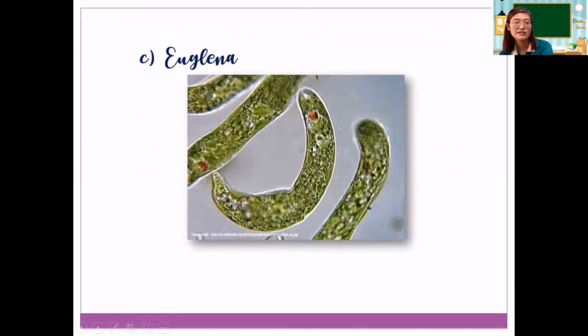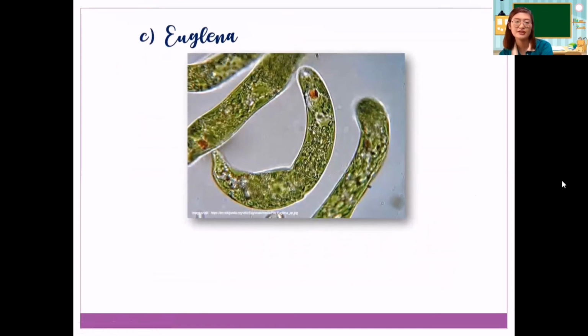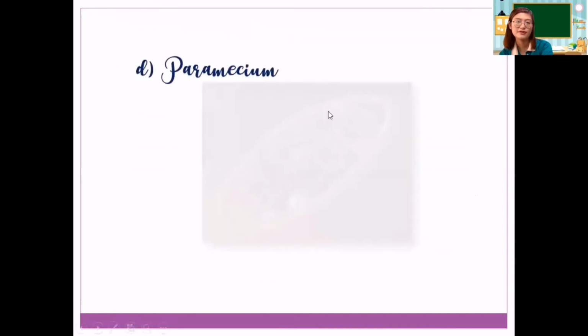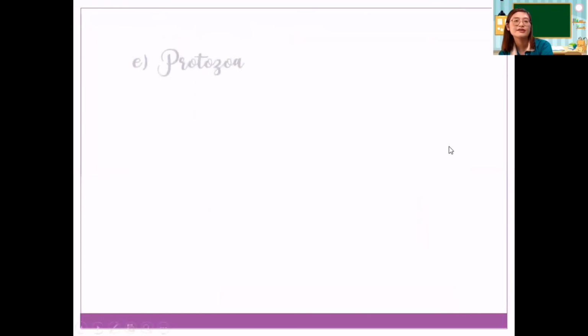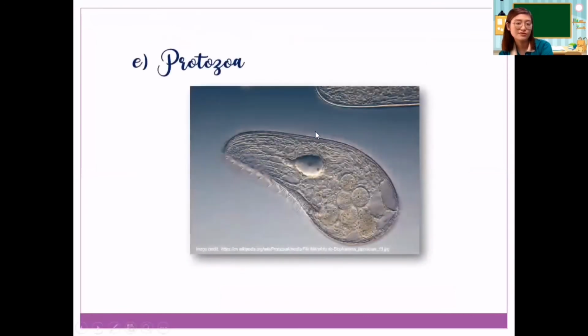Euglena is green in color because it is able to undergo photosynthesis just like a plant, but it's actually an animal. Next, Paramecium is also unicellular. Then the protozoans are also unicellular, with small hair-like structures called cilia. Those are living organisms.